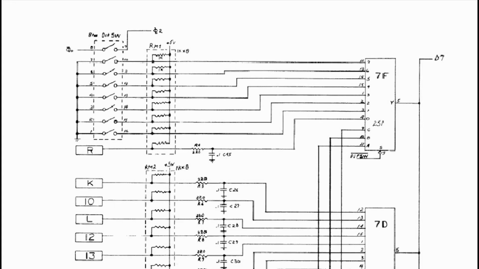Let's look at how the LS251 works to read the inputs of the game. In the schematic we see the dip switch input, we have the batch of microswitches here, and then there is the 7F chip. We have a select pin, which is active low, connected to the dip switch selection address.